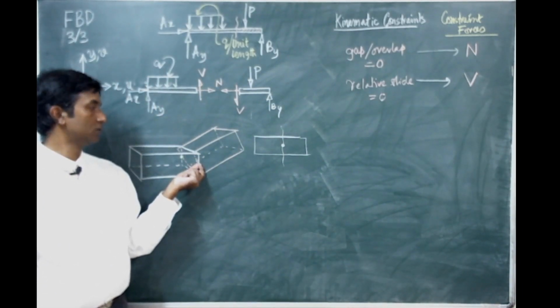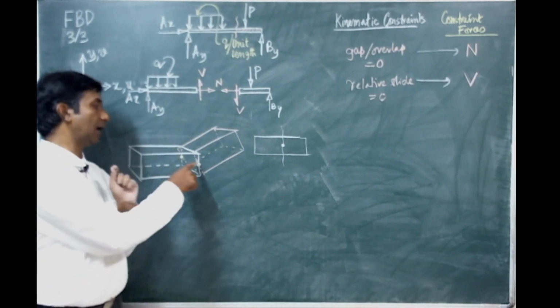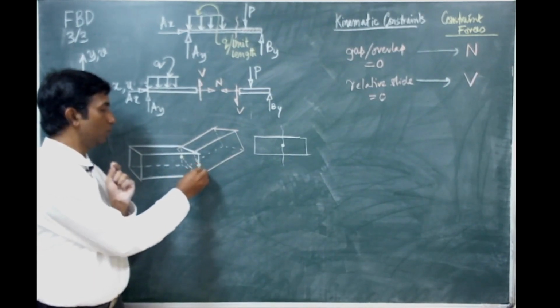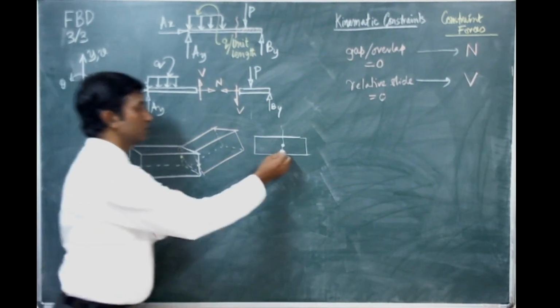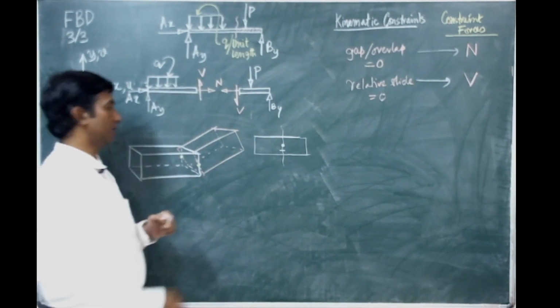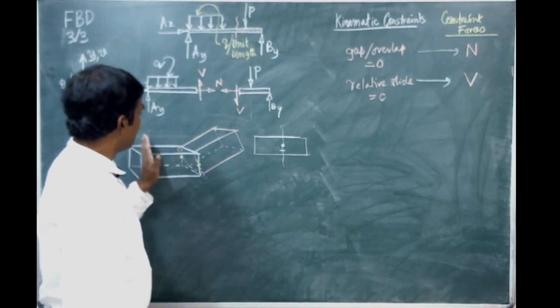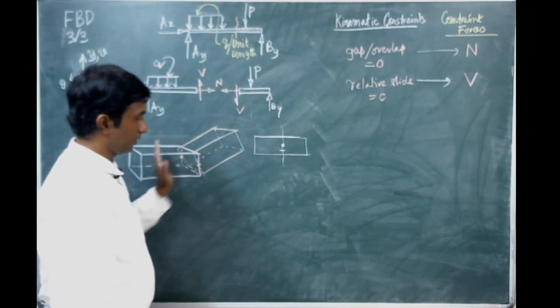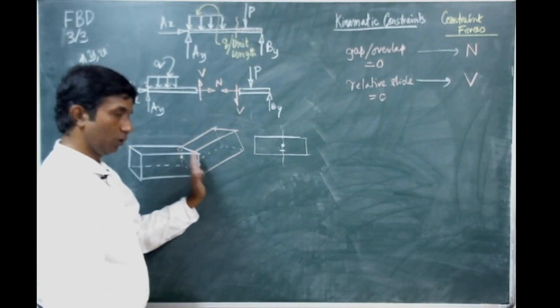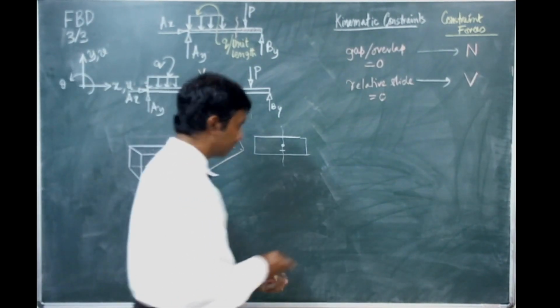Okay. So there is no gap or overlap or slide at this point, but when you go away from this point, consider this one at this level, you see the gap. This should not be there. Okay. So the relative change in slope, or the slope jump, should not be allowed. That is a kinematic constraint.